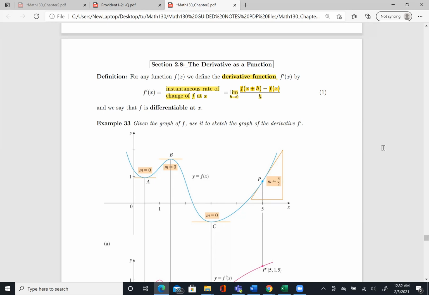And we say that f is differentiable at x.